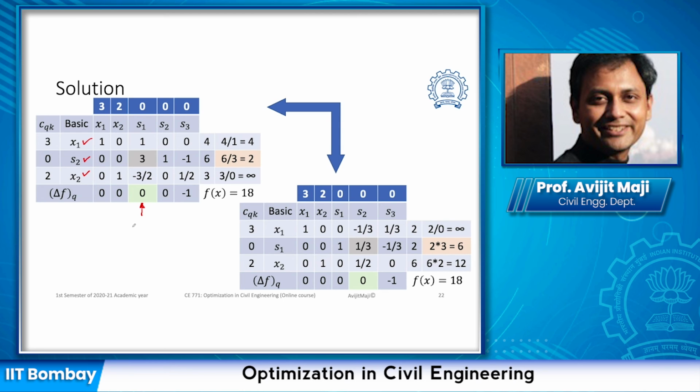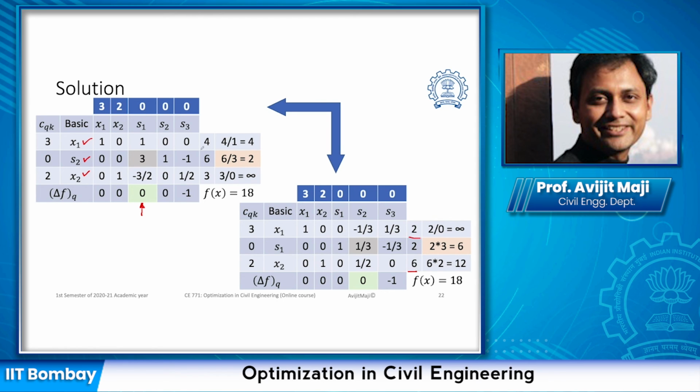If a tableau is extended after finding a non-basic variable yielding del fq equal to 0, in all other cases you will notice that no change in the decision variable values happens. However, in this example, if we go to the next step, we'll see that there is a change in the values of the basic decision variables x1 and x2. Now it is 2 and 6.